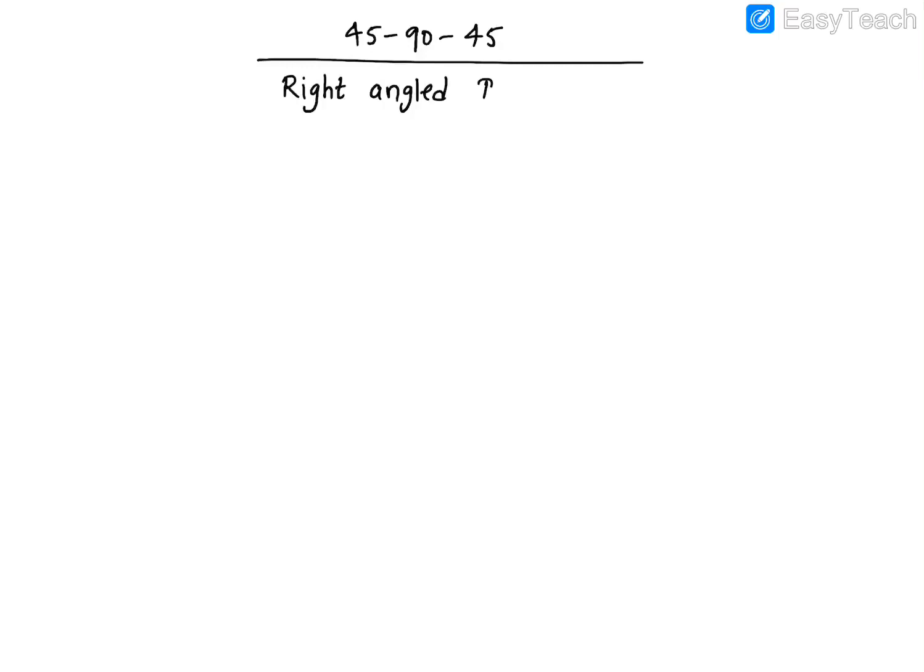I'm using this order because in the textbook that's how they write it. These are all basically right angled isosceles prisms. You can make out why: right angle because of 90 degree, isosceles because two angles are equal.